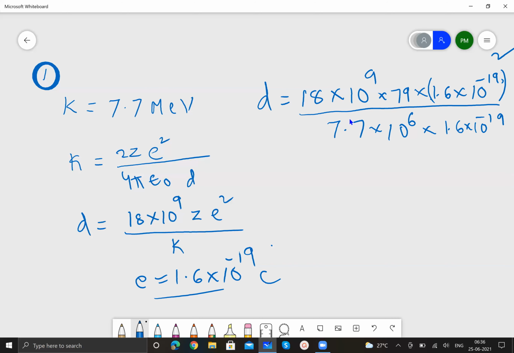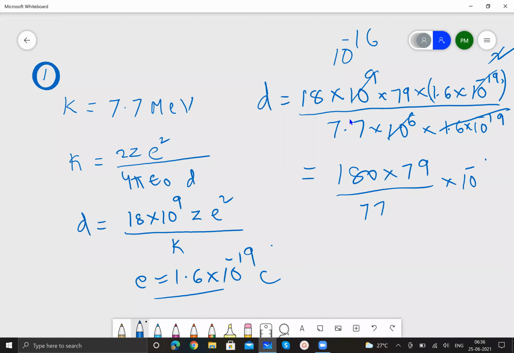So one 1.6 into 10 to the power of minus 19 will cancel with the square in the numerator. And we have 10 to the power of 9. This is minus 25 plus 9, which means 10 to the power of minus 16. Please check. So I'm left with 180 into 79 by 77 into 10 to the power of minus 16.